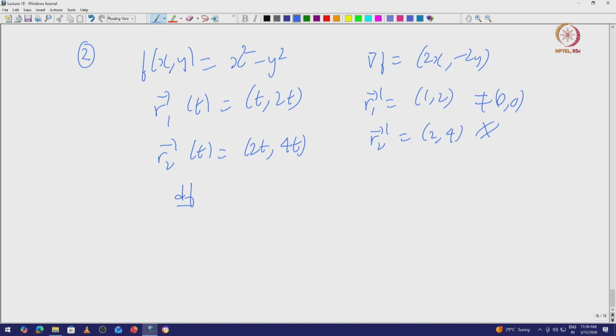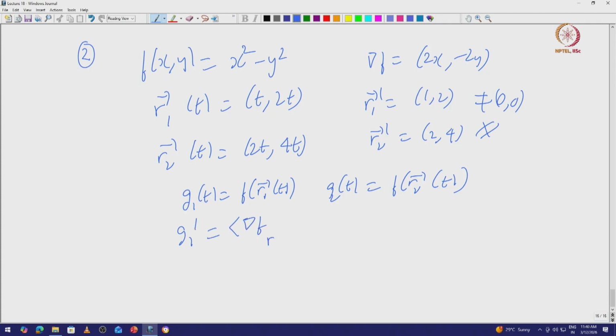Anyway, what is df dt? Using the first path, let's not call them df dt. Let's be more precise. Let's say g1 of t is f of r1 of t, and let's say g2 of t is f of r2 of t. So what's g1 dash? By the chain rule, it's the gradient of f at r1 of t times the derivative of r1 of t, which is what, right?